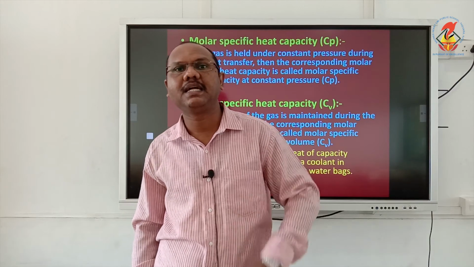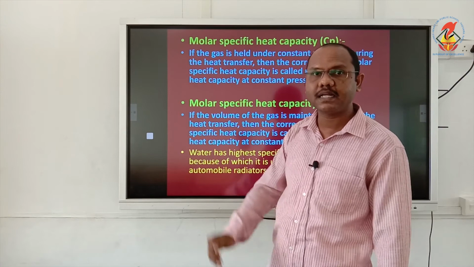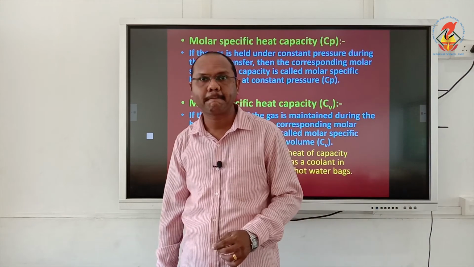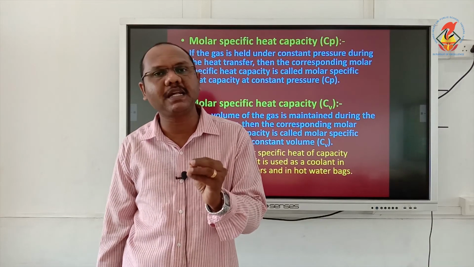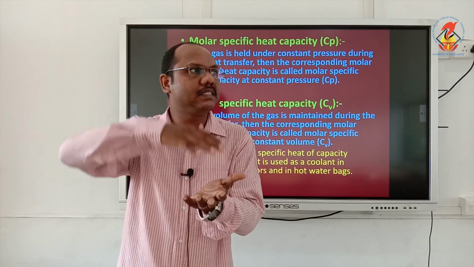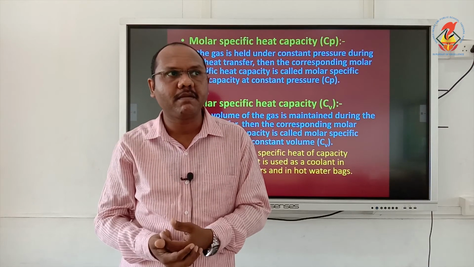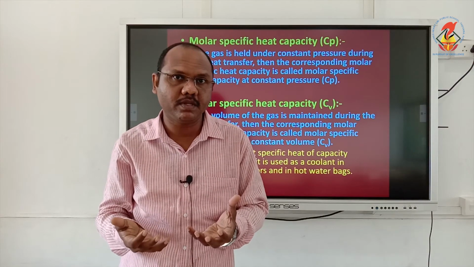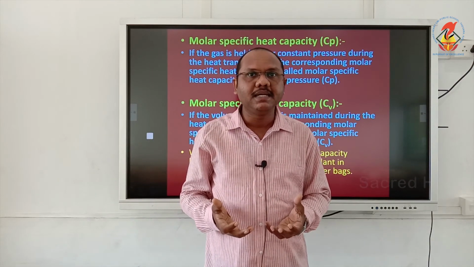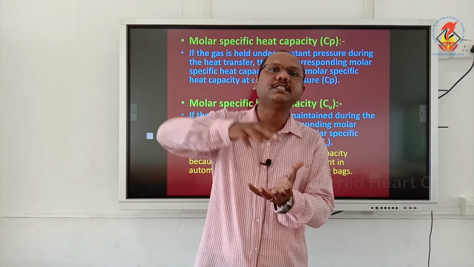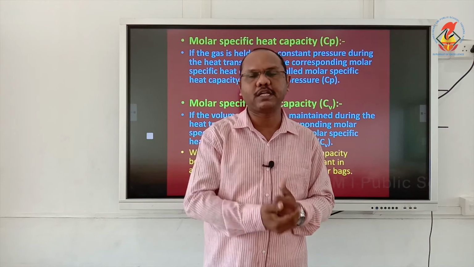So which is greater, specific heat at constant pressure or specific heat at constant volume? Let us see. If the gas is heated at constant pressure, I told you the piston is movable. So what will happen? When the gas is heated at constant pressure, the heat supplied is used to expand and to raise the temperature.